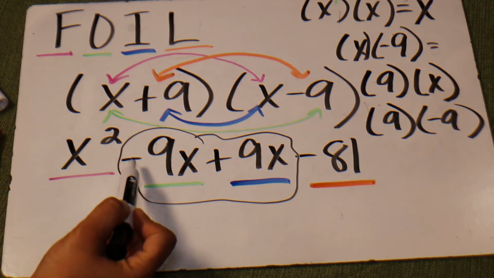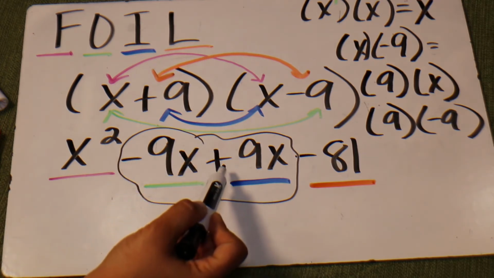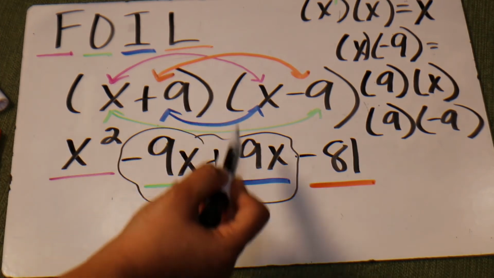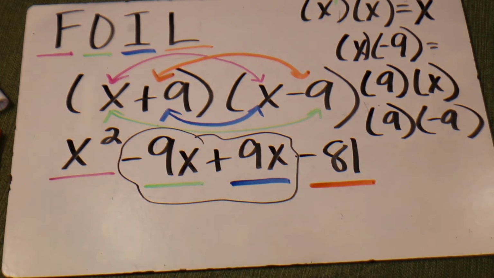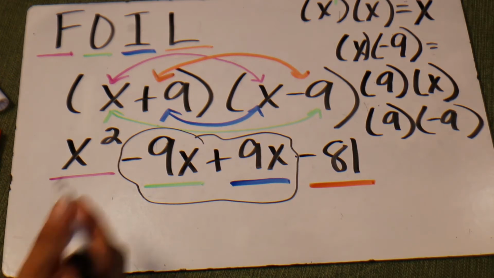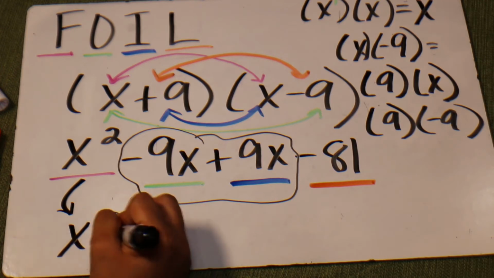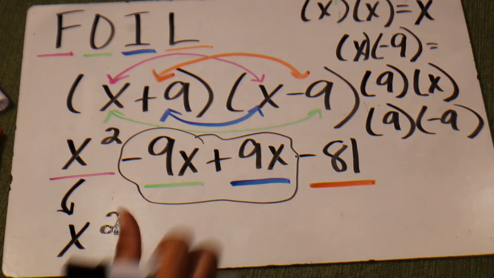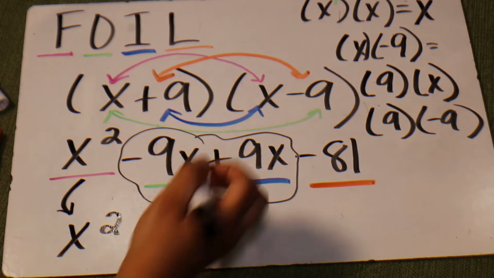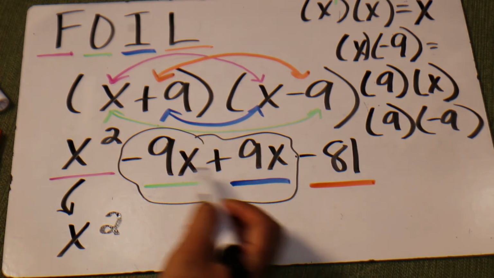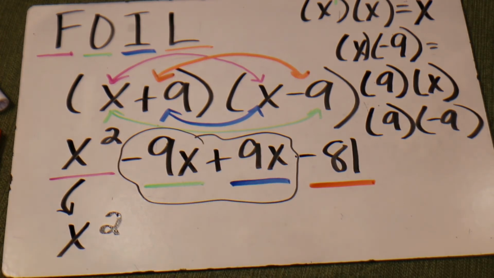This is a positive integer, this is a negative integer, this is a negative integer, this is a positive integer. So they are different, which means we subtract. For this term, we're just going to bring it down, x to the second. Here, we're going to subtract. When you subtract a 9 from a 9, it cancels out.